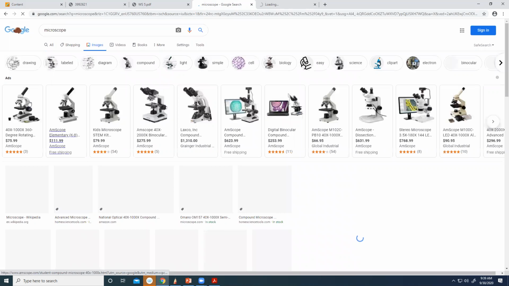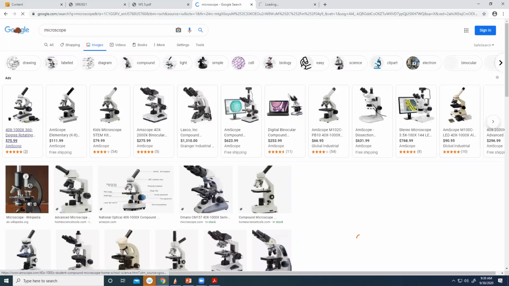Okay, it seems like it doesn't want to show me the picture.